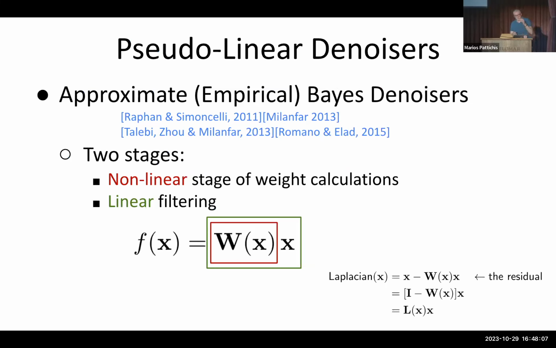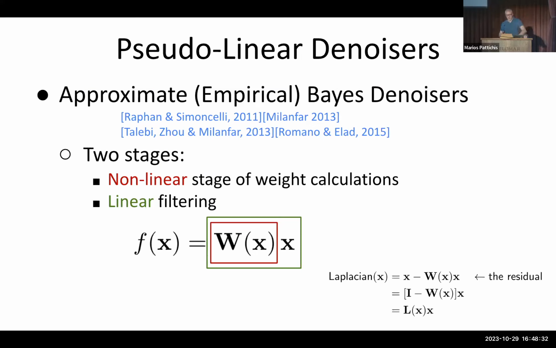These are really attractive, and part of the reason is that they are basically two stages. There's a nonlinear stage where you compute the weights, and once you've computed them the weights are fixed, and then it's a linear filter. You apply it, okay? It turns out you can also show that many of the filters constructed this way are in fact approximations of Bayes denoisers.